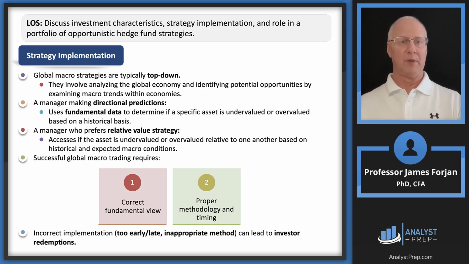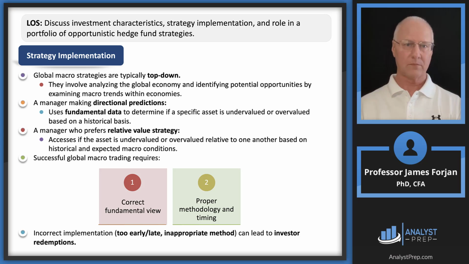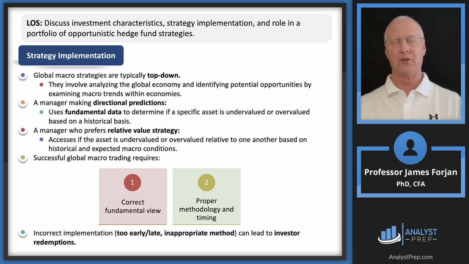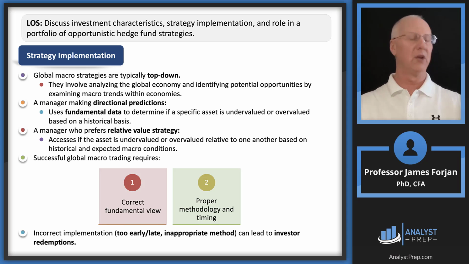All right, strategy implementation. Of course, the name is global macro, so we're going to do top down. A manager who makes directional predictions uses fundamental data. A manager who prefers the relative value strategy is probably going to go to market data and take a look at this particular asset and this particular asset to see which one is over or undervalued.